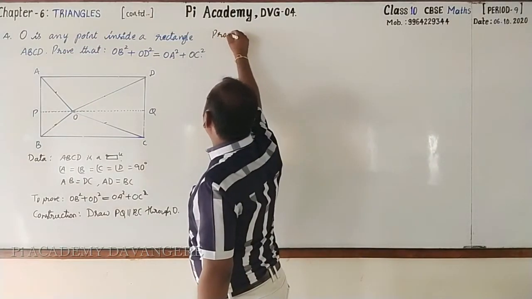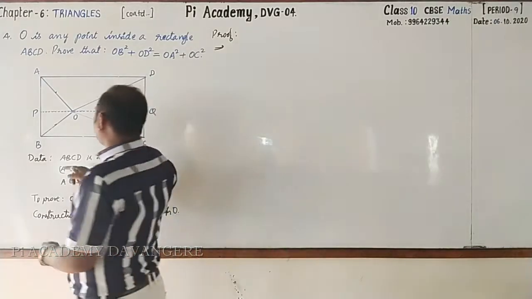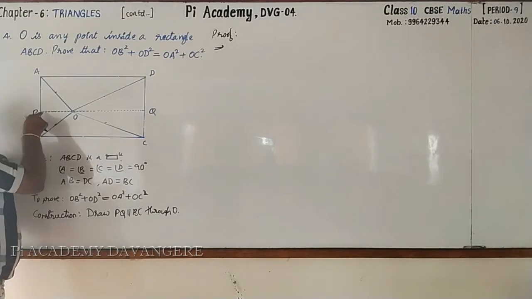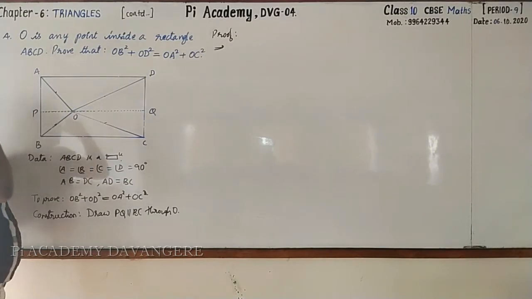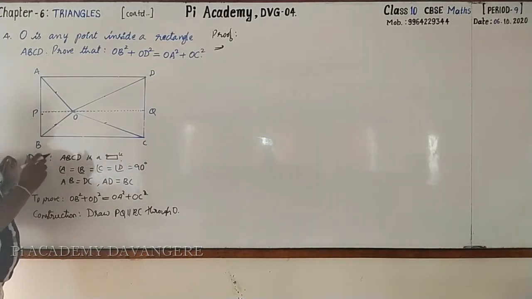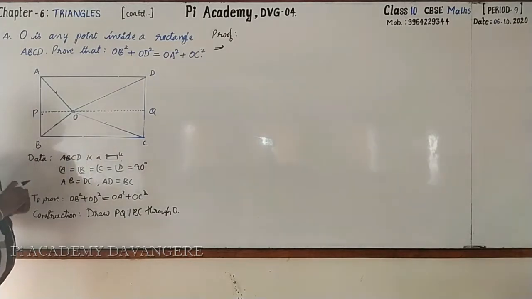In proof, we come to know that OB is the hypotenuse, but for it to be the hypotenuse, this BPO should be a right triangle. But do you say that it is 90 degree? Yes. How? Because angle A is equal to angle BPO. Follow? The reason?